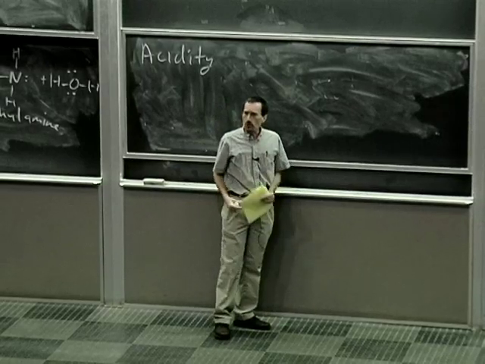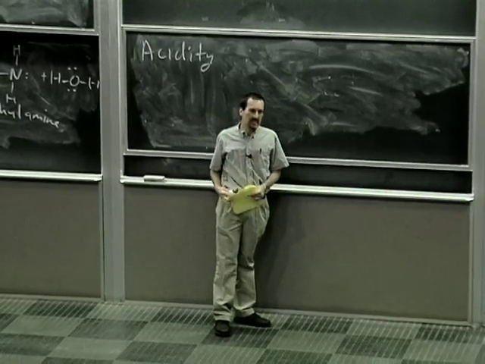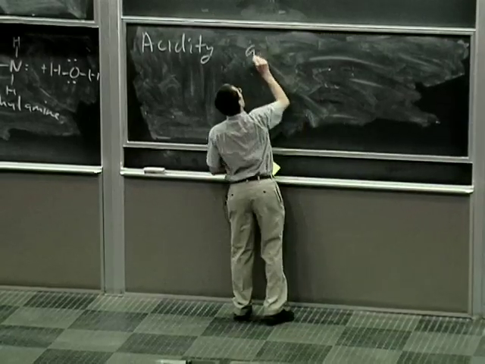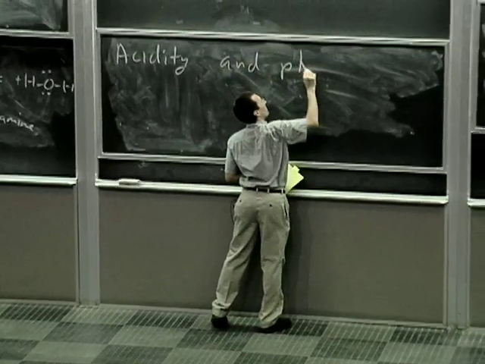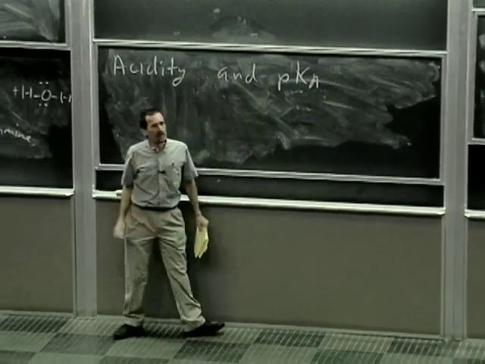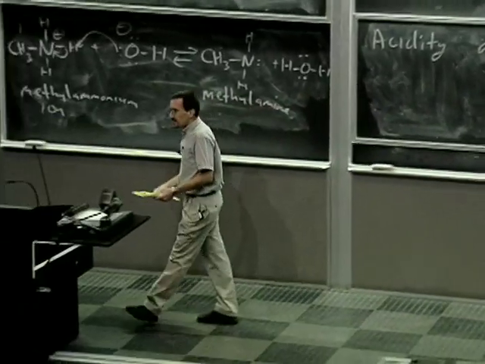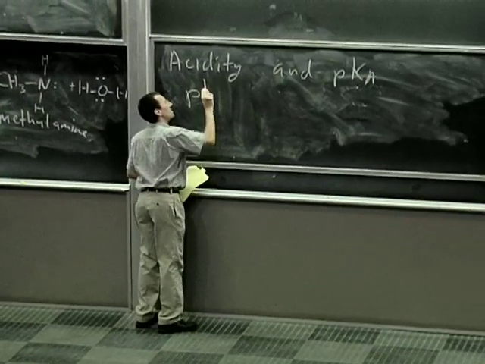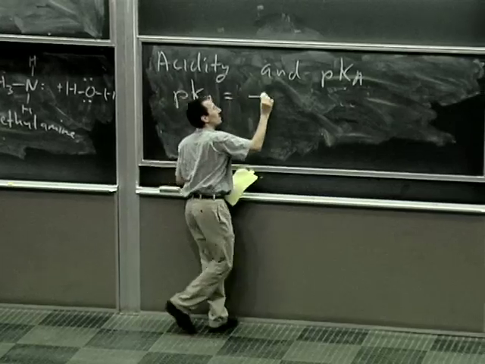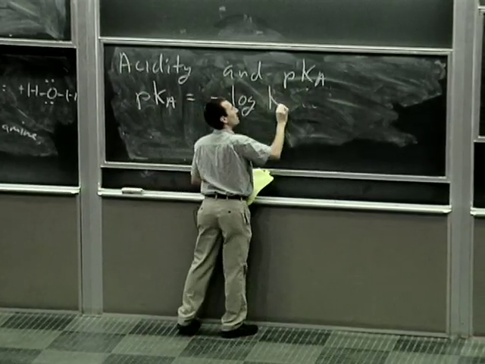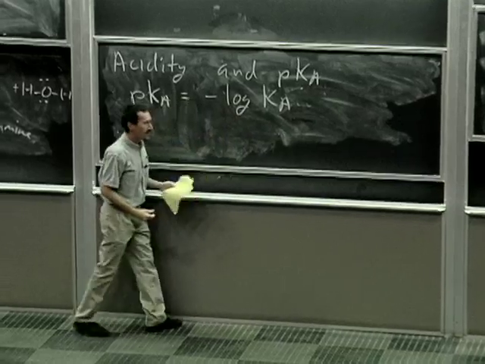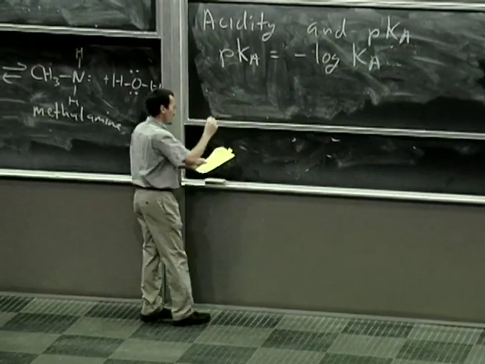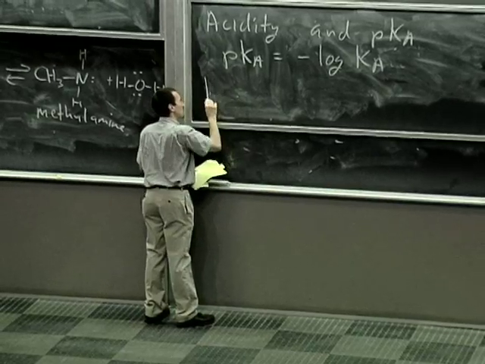And in order to measure the degree of acidity, or to describe it, we'll often use the term pKa. pKa is a fancy way of saying negative log of the acidity constant, Ka. Ka is the acidity constant or the acid dissociation constant.